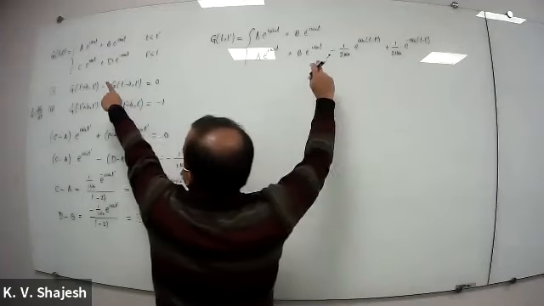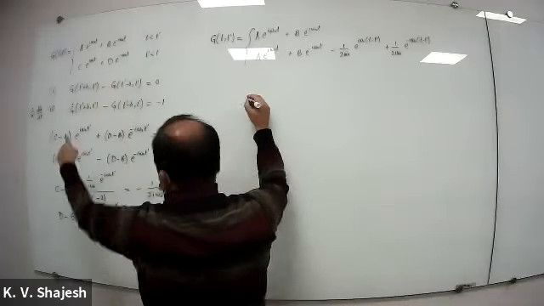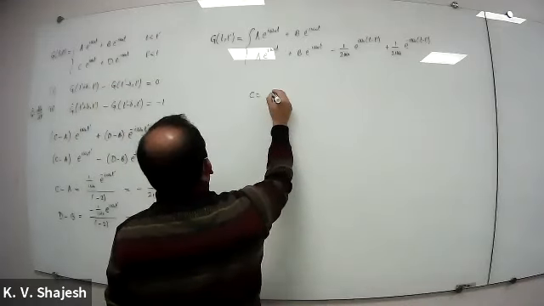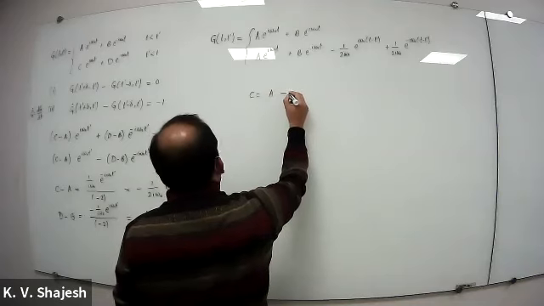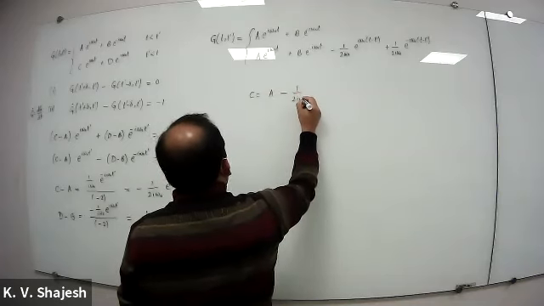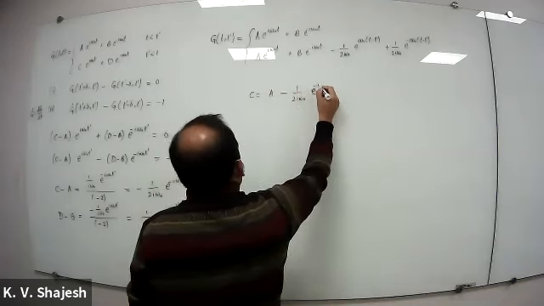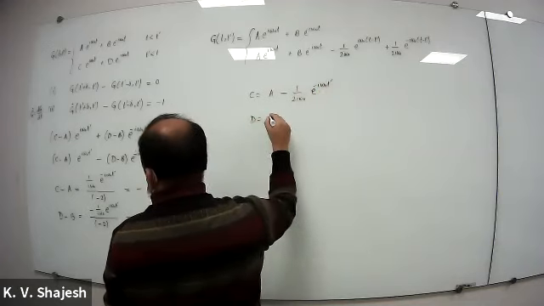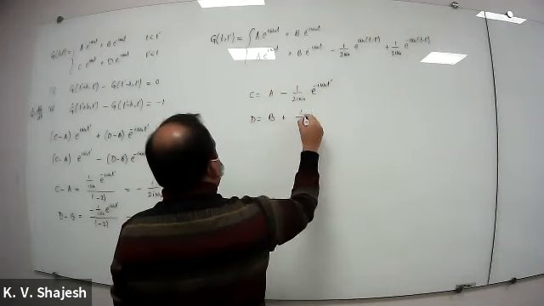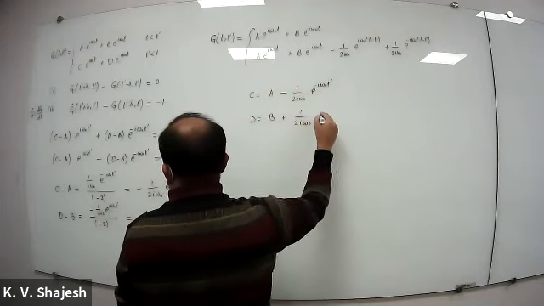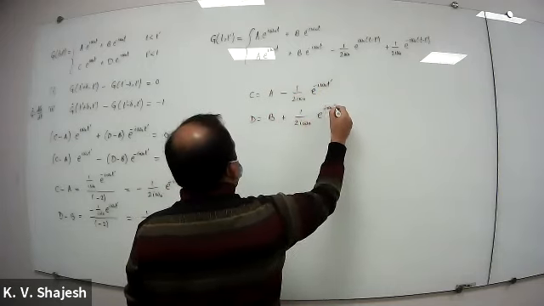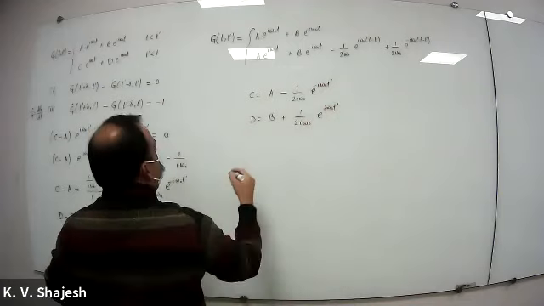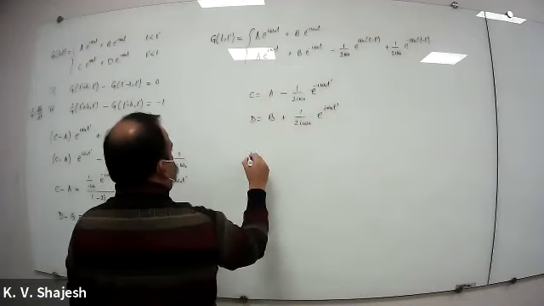Okay, so let's do that here. So that is c, right? So remember, c is equal to a minus 1 over 2i omega naught times e raised to minus i omega naught t prime, and d is equal to b plus 1 over 2i omega naught times e raised to i omega naught t prime. Substitute this in there. So c will be a.